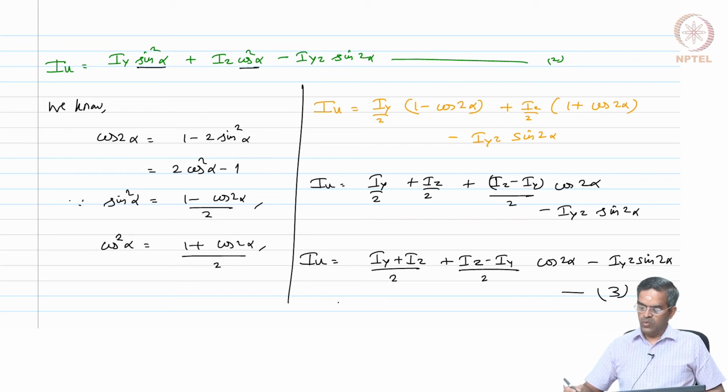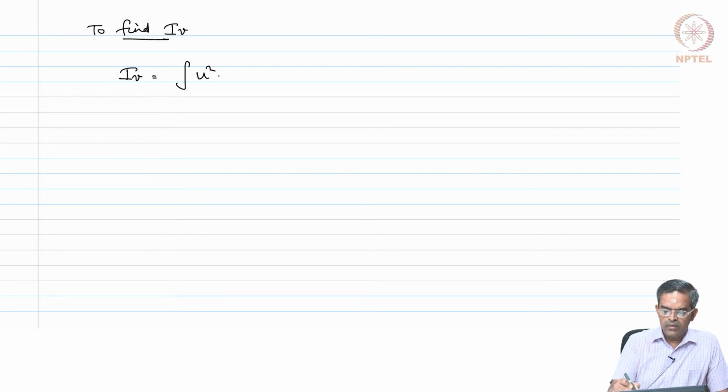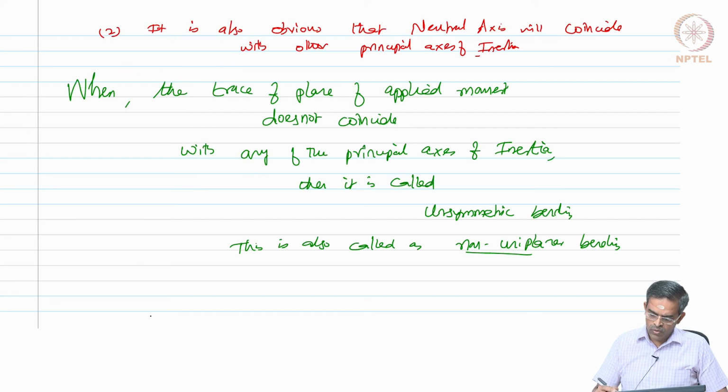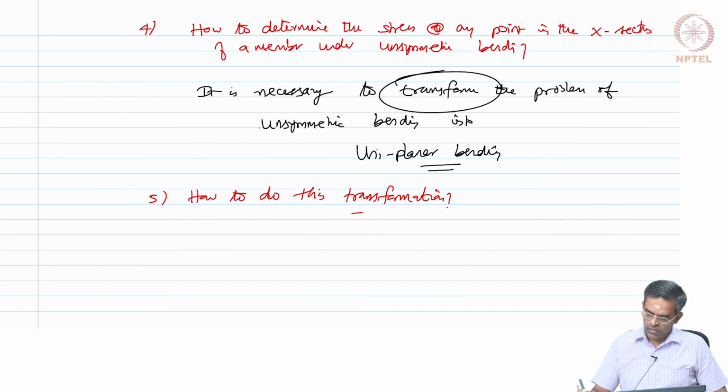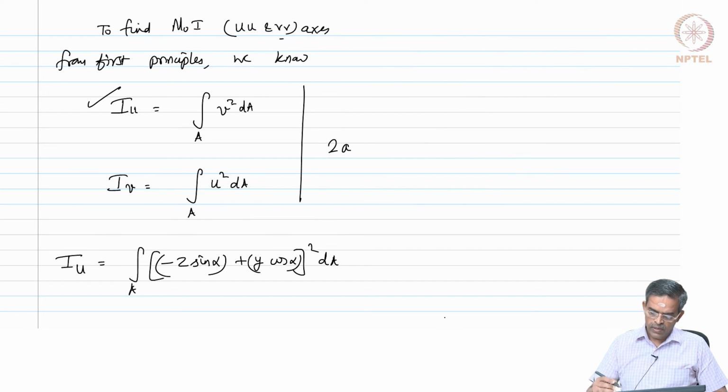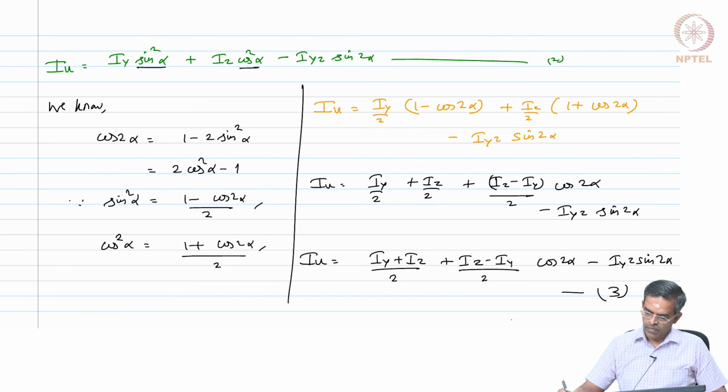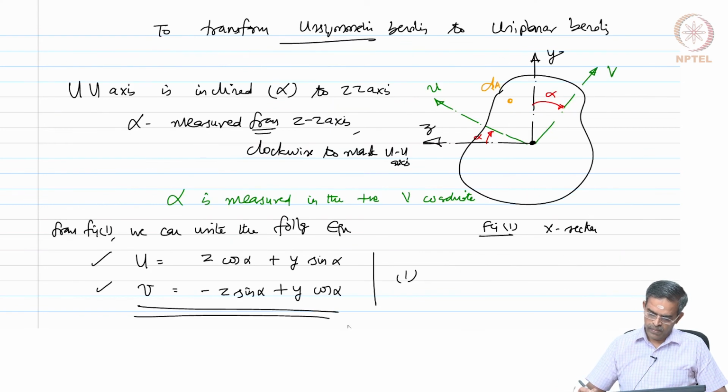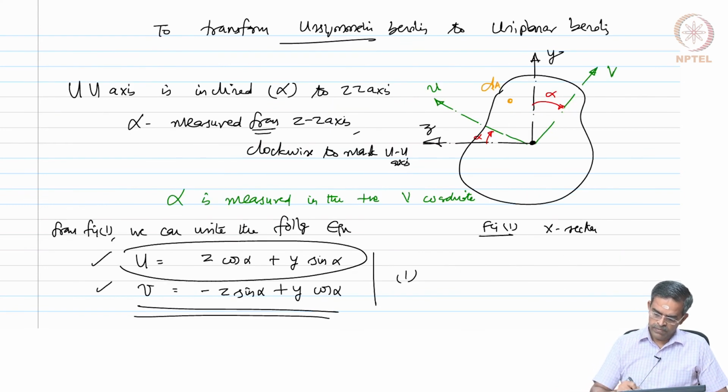Now, let us move on to Iv. Let us find Iv. We know Iv is the integral u square dA for the entire A. We already know u as this value, is it not? z cos alpha plus y sin alpha.